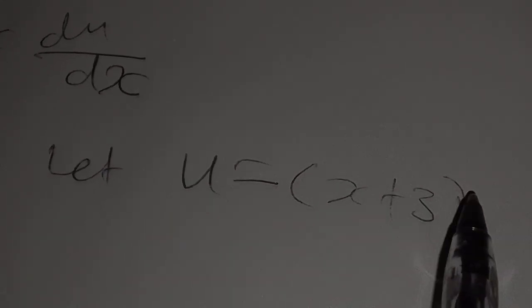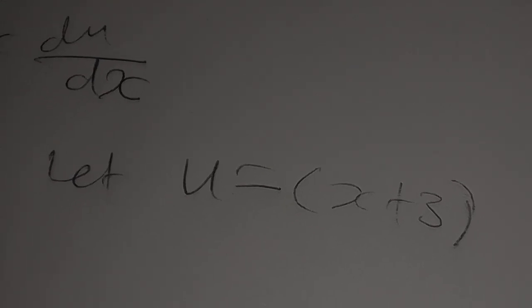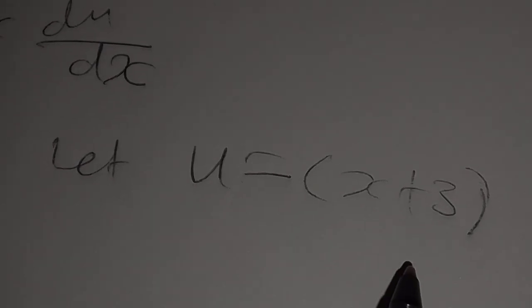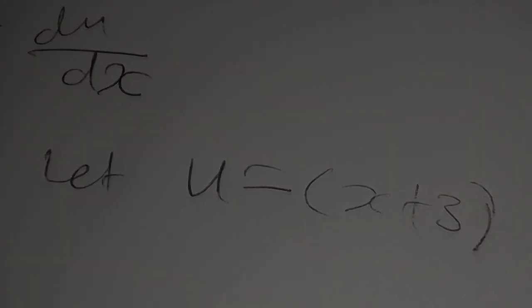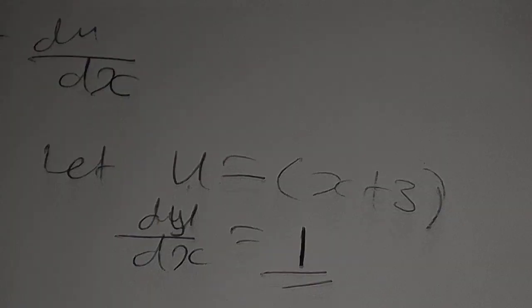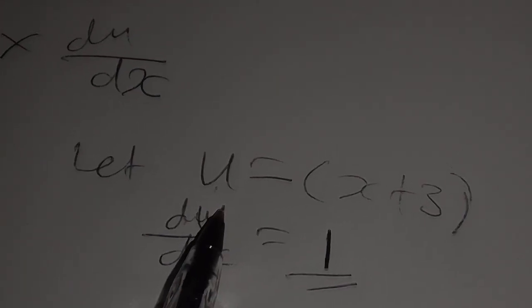You have to leave out the power 7. Just say u is equal to x plus 3. Then if you differentiate u, du over dx, you're going to have simply a 1 here. That's all.